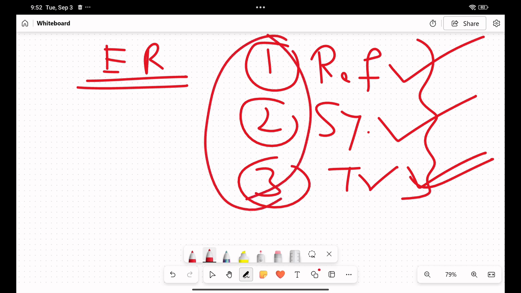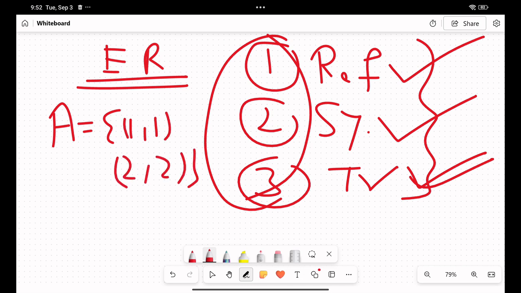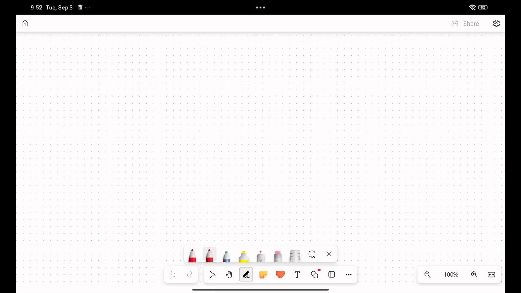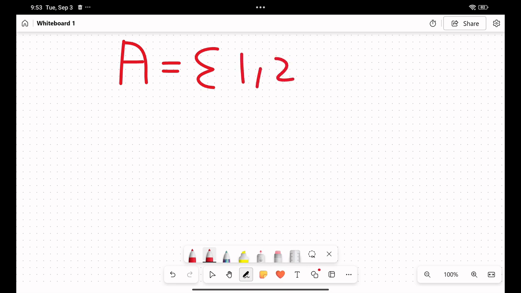Just one example. Suppose in A there are only two elements, 1, 2.